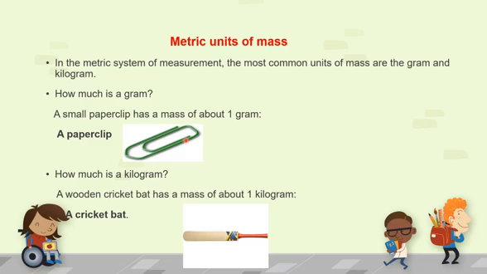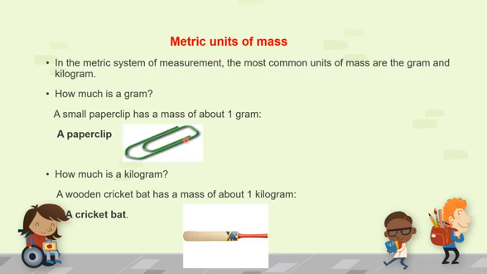Wooden cricket bat. Yes. So the mass of the cricket bat is about 1 kilogram. So gram is light, kilogram is heavy. So these are the two common units of mass that we use. That is gram and kilogram.